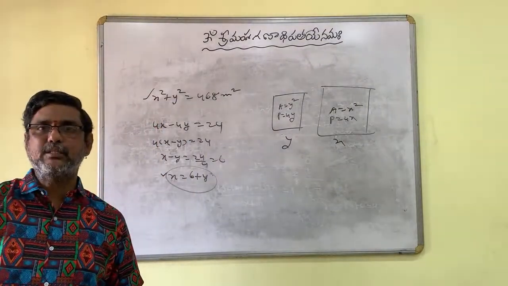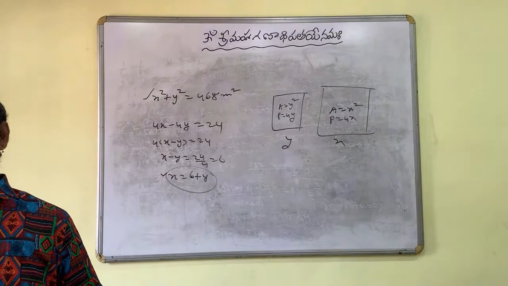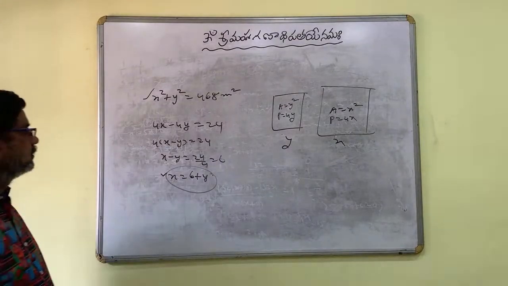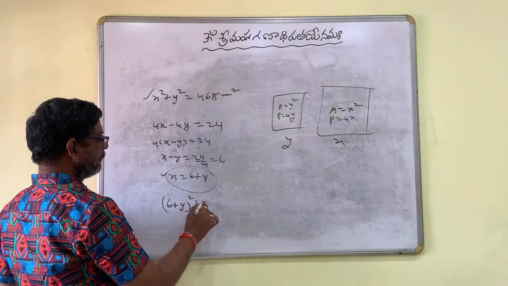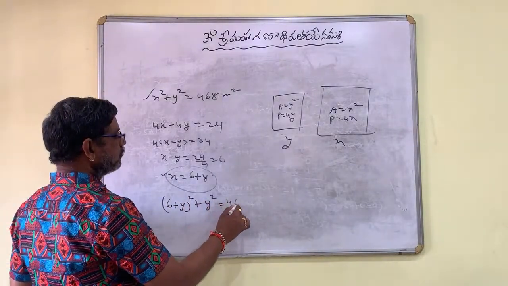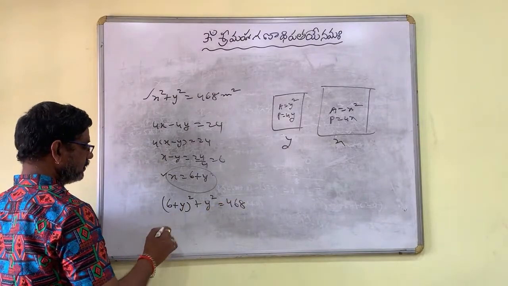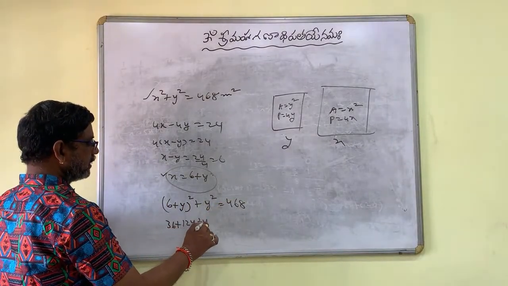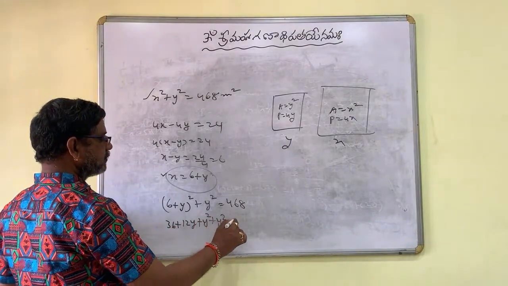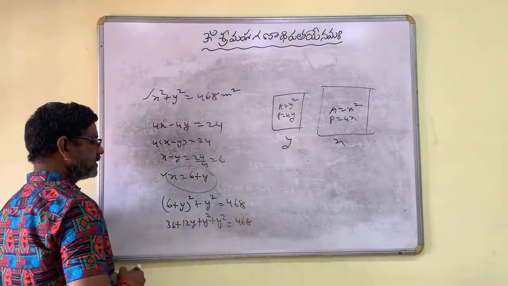Insert 6 plus y in place of x. So what will you get? 6 plus y whole square plus y square is equal to 468. 36 plus 12y plus y square is equal to 468.